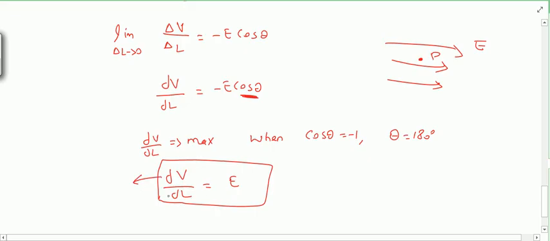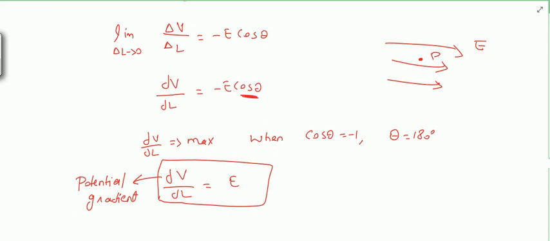And this maximum rate of change of a field is known as the gradient, the potential gradient. If you remember the definition of gradient, it is the maximum rate of change. So this will give the magnitude of electric field.